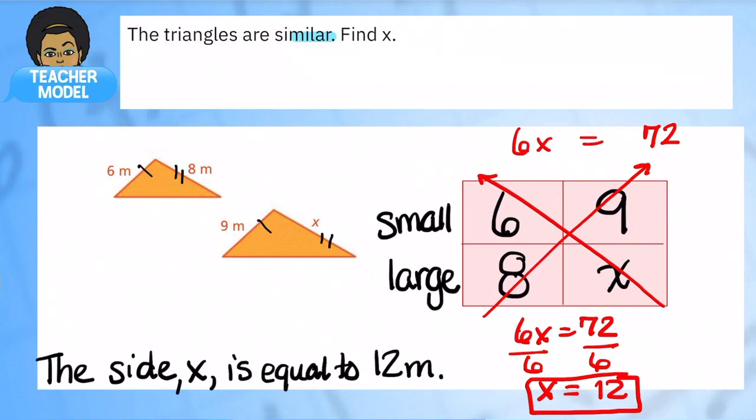And once I put in my values, I can cross multiply to get an equation, which I did. 6x equals 72. And then I'm just using my algebra skills to find the missing number by isolating the variable. That's all I did. So you might need more practice with this, especially if this is your first time with this structure. But if you've been with us since 6th and 7th grade, then you're very used to it.